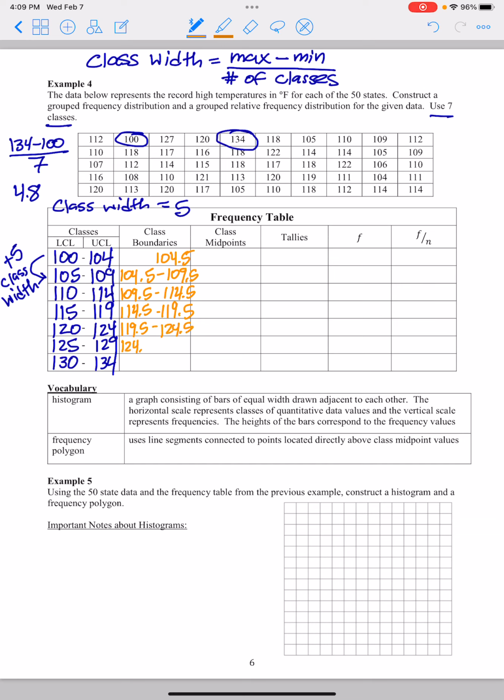And 124.5 to 129.5. And 129.5 to 134.5. And we can go back to the beginning, and our lower one would be 99.5.